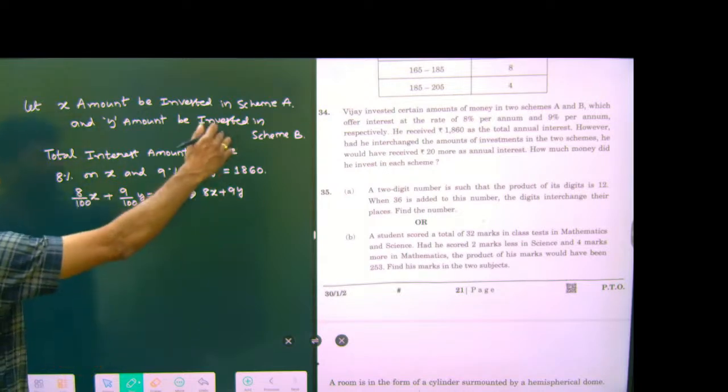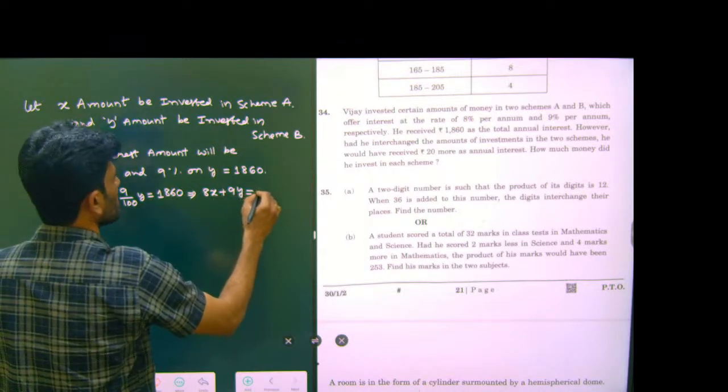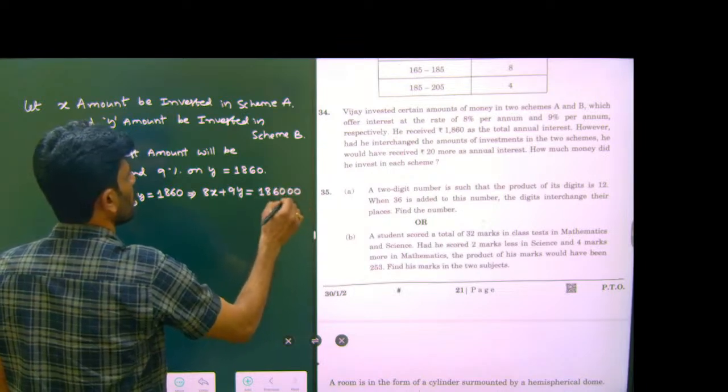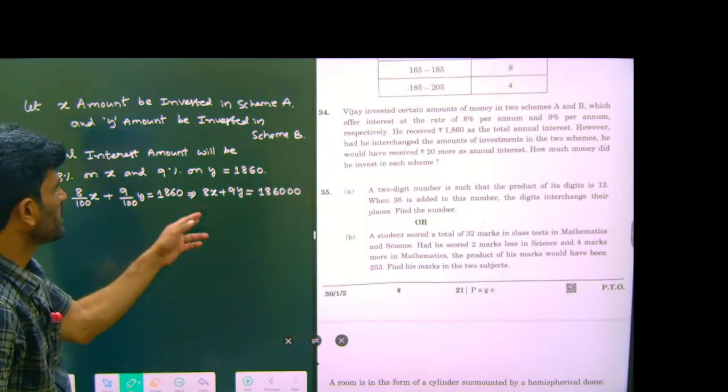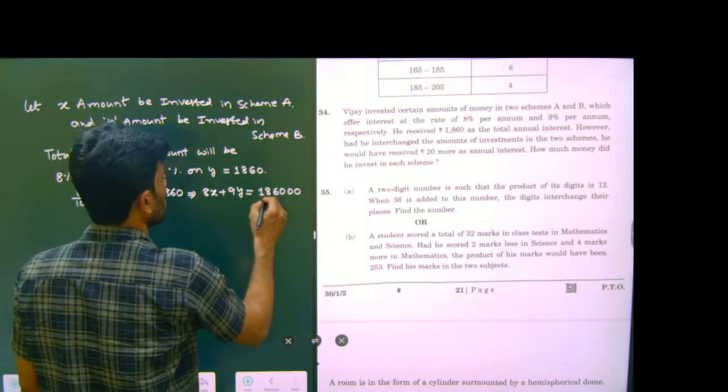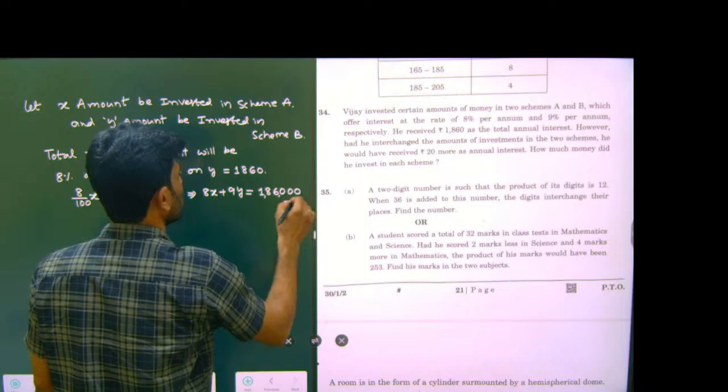Sending that 100 to the other side, 1860 is multiplied by 100, and we get 1,86,000. This is equation 1.